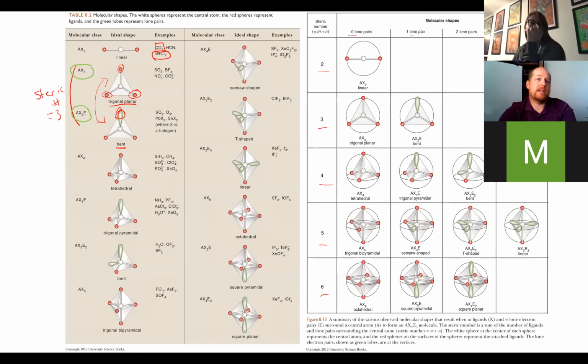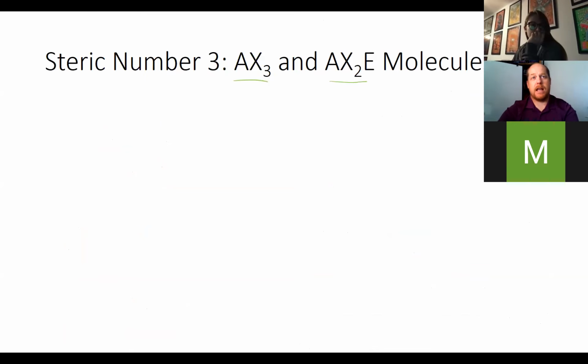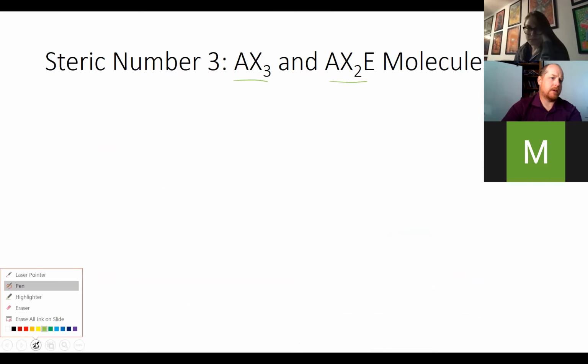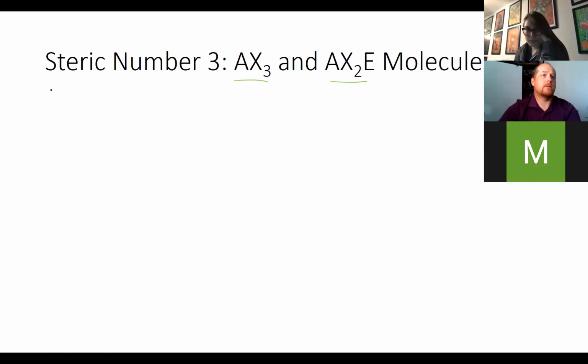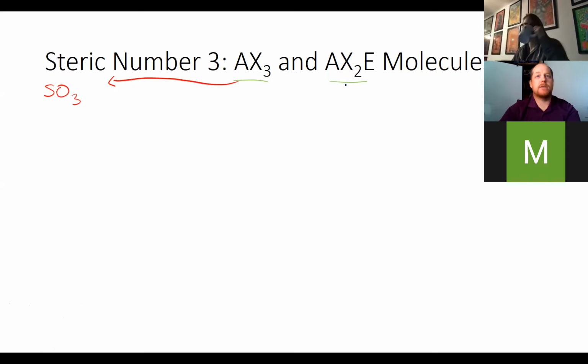And so let's do SO3 and we'll do SO2 as our 2 examples of AX3 and AX2E. SO3 will be our AX3 version. And AX2E is going to be SO2.